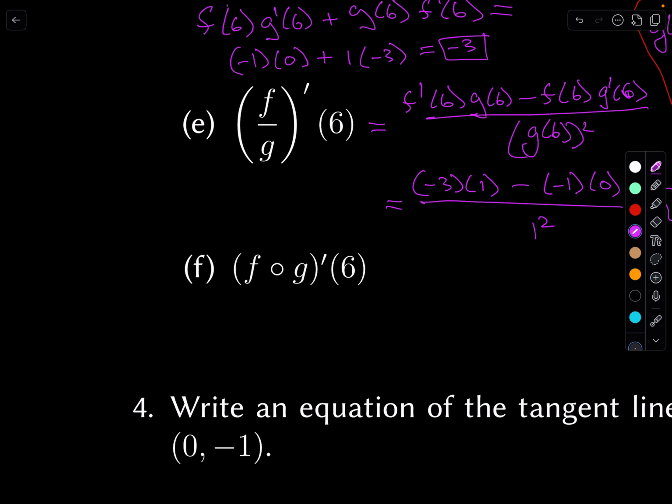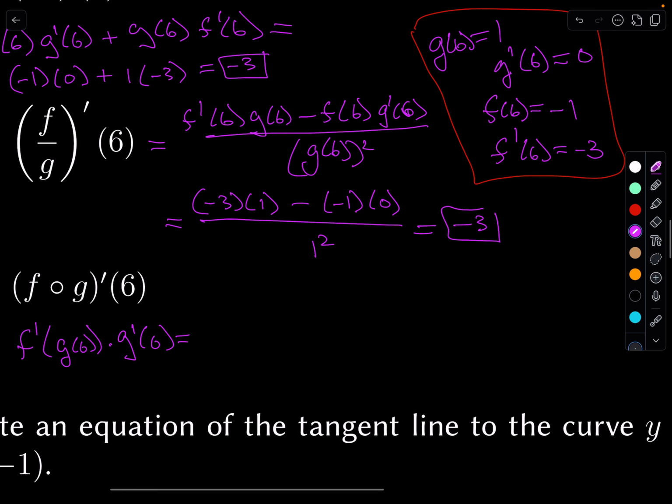And that's f of g prime. And so this is this whole business of, it'll be f prime of g of 6 times g prime of 6. So here we'll just use those numbers up there.